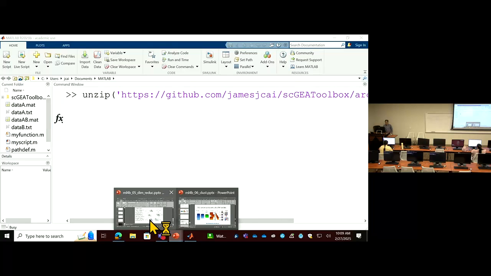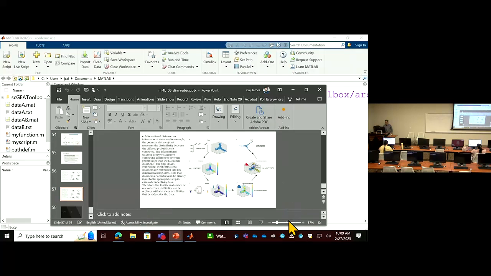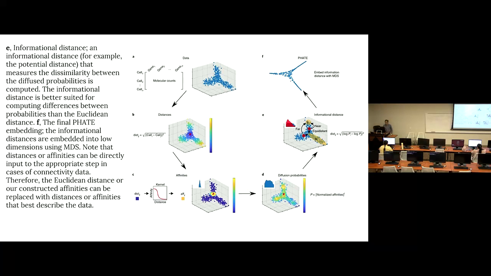Well, in the meantime, we are going to revisit this page. So this page is the pipeline of FATE. This is a program used to reduce the dimension of high-dimensional single-cell RNA-seq data.